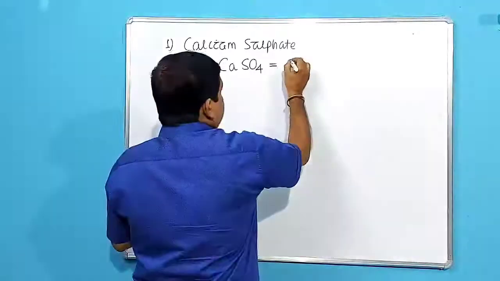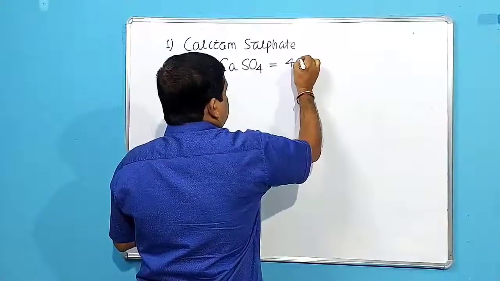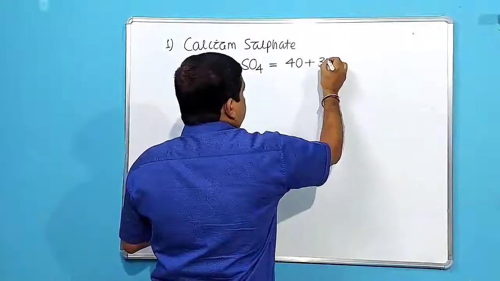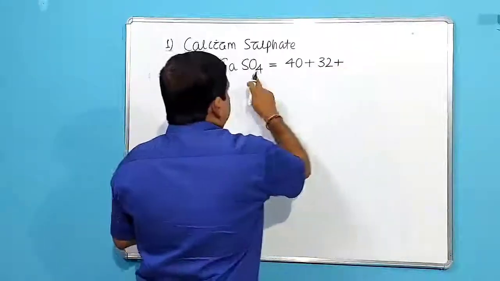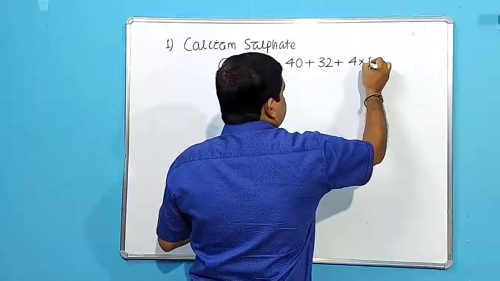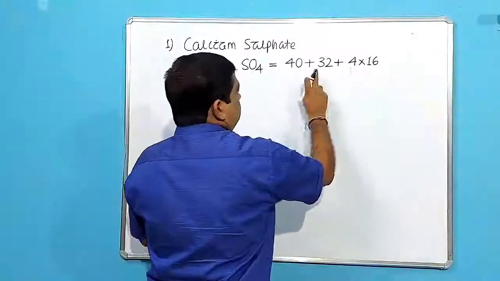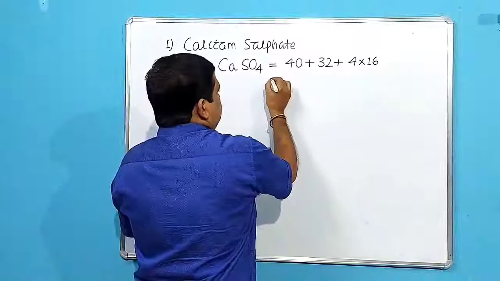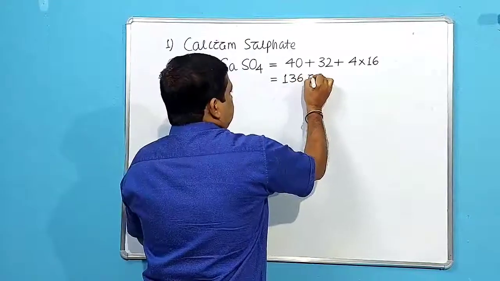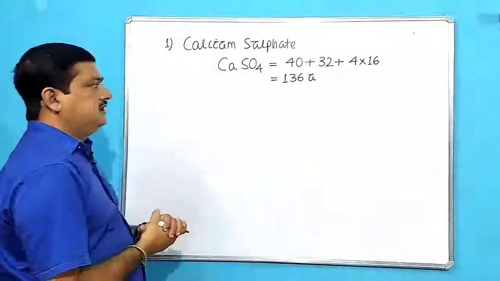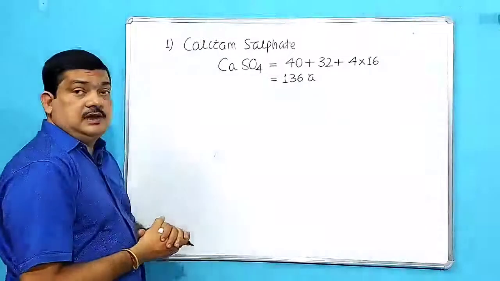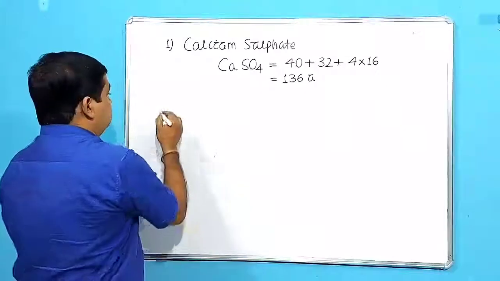So calcium atomic mass is 40 plus sulfur 1 atom atomic mass is 32 plus 4 atoms of oxygen. So 4 into atomic mass of oxygen, that is 64. So 64 plus 32, 96 plus 40, 136 U. Answer will be 136 U. Okay. So this is the answer of the first question, that is molecular mass of calcium sulfate.